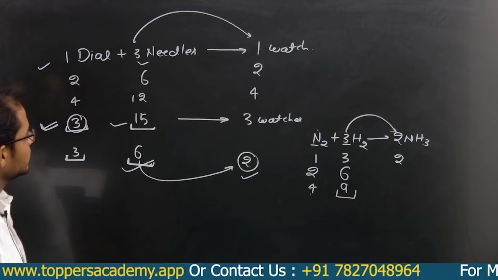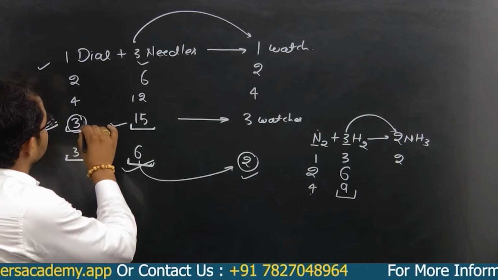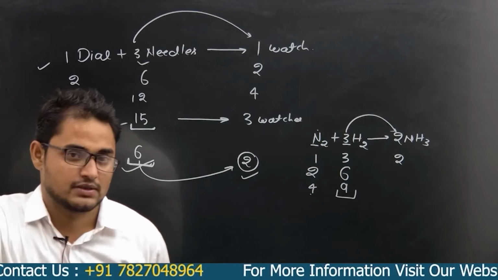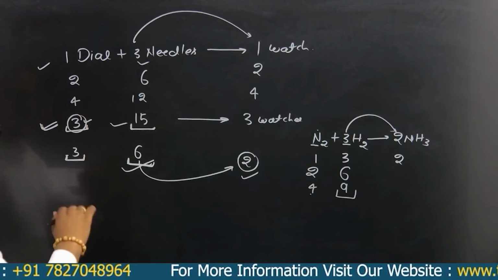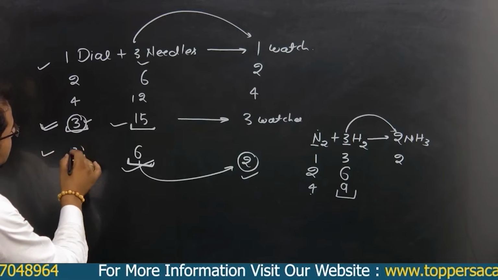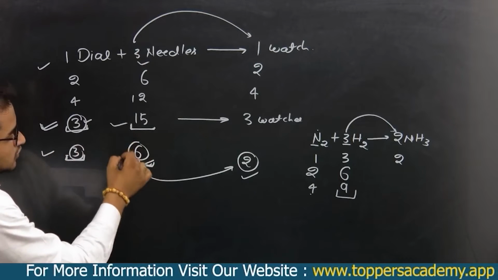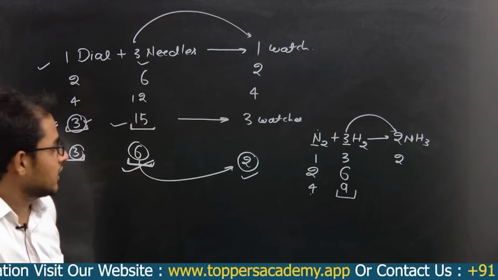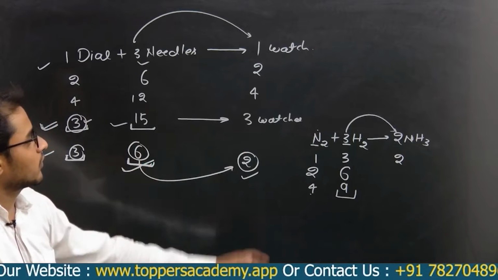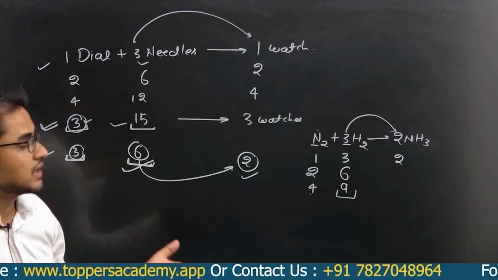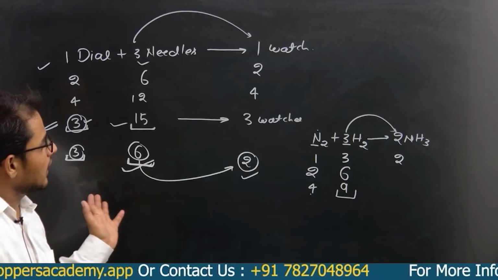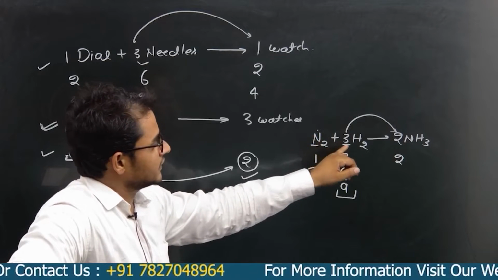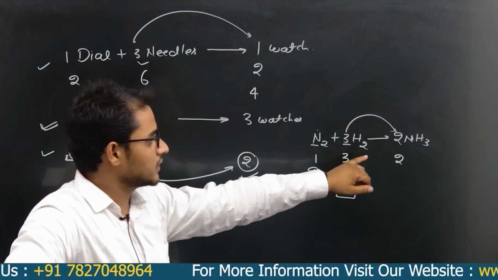It will decide the amount of product and it will be consumed first. In this scenario, if I take 3 dials and 6 needles, the needles will be consumed first, and this will decide the number of watches that will be formed. So I apply this on a reaction in which N2 + 3H2 gives 2NH3, our balanced chemical reaction.